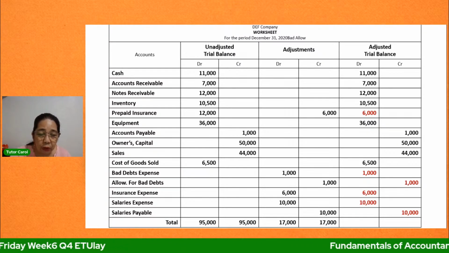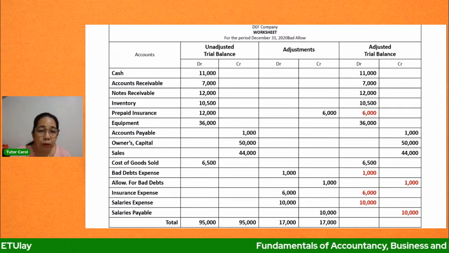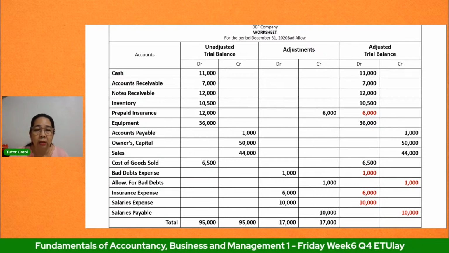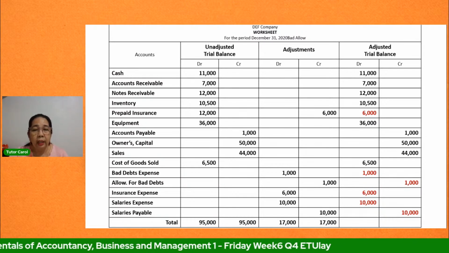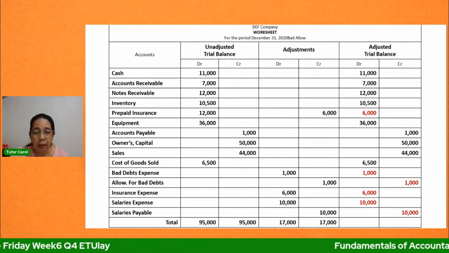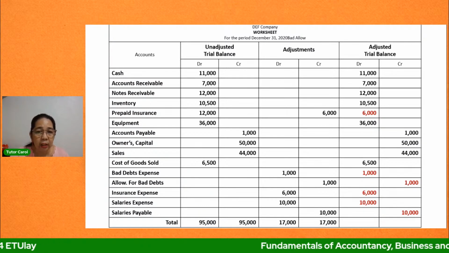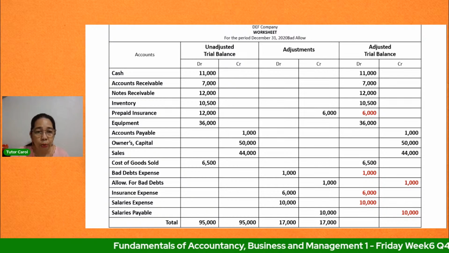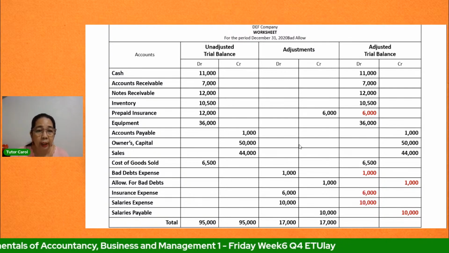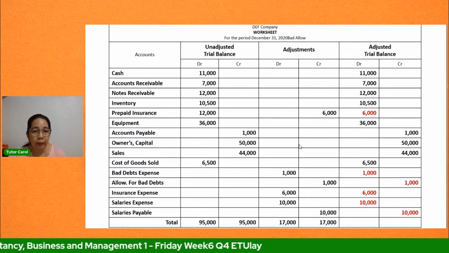Then, prepaid insurance, okay? Meron siyang debit, 12,000 at may credit siya, 6,000. So, you need to subtract that. Okay? And then, ilagay mo yung amount dun sa column na mas malaki, which is the debit side. Equipment, not affected. Okay, copy-paste. Same thing with accounts payable, owner's capital, and sales.